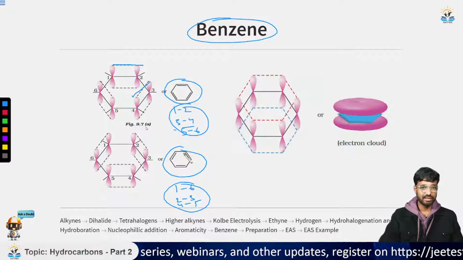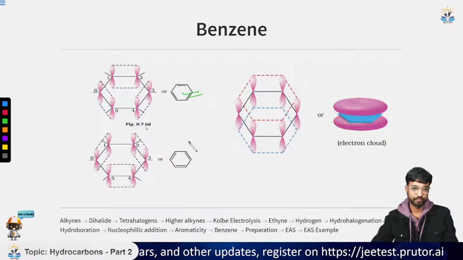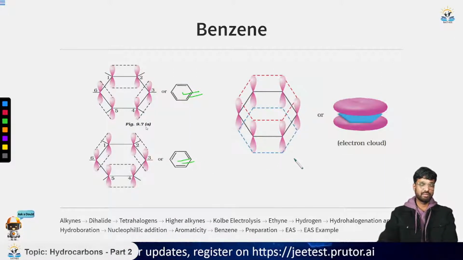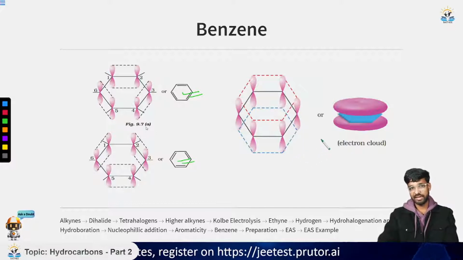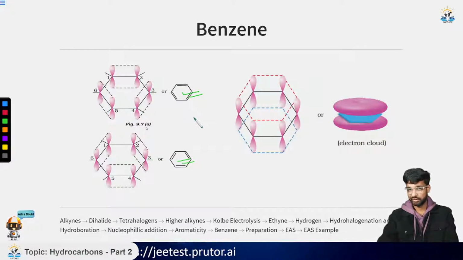So you can see very clearly that 2 structures are possible for the same compound. But later on some experimentation showed that neither exists, as this is not a double bond, nor is this a double bond. They all are partially double bonds.